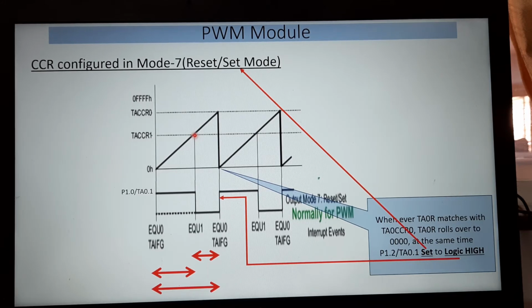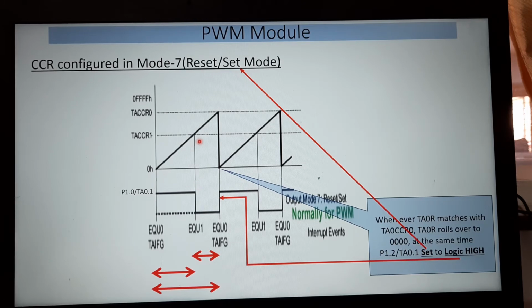The timer keeps incrementing towards FF. Next it is going to match with TACCR0. When that happens, it rolls over to 0. Once it rolls over to 0, P1.0 or TA0.1, which was at logic 0, sets to logic high. That's why it's called set mode. That is, mode 7 is reset/set.